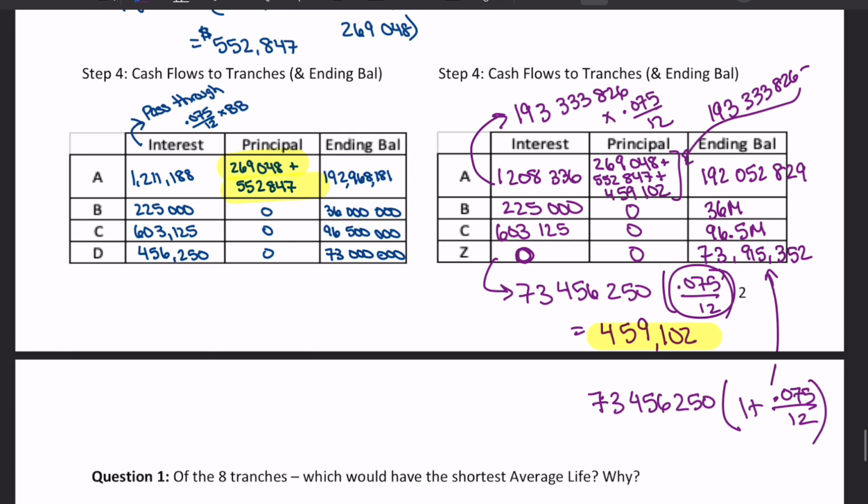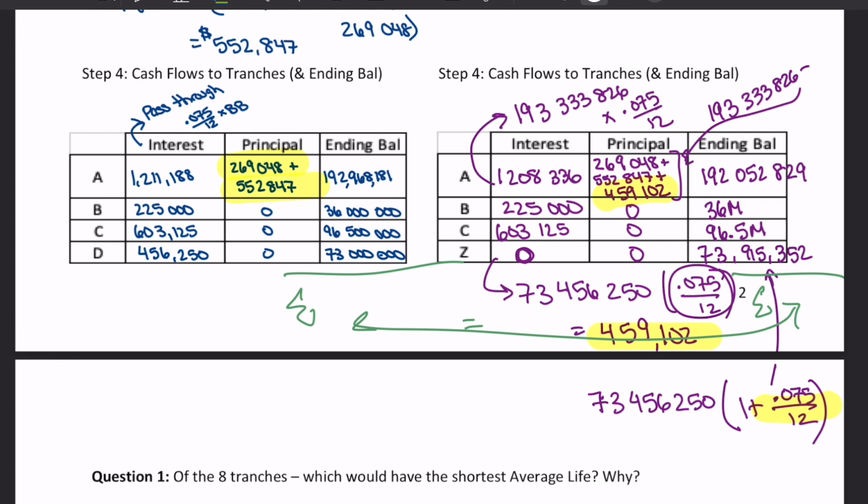Now, just like it happened previously, the sum of this column on the left-hand side is going to be exactly equal to the sum of the column on the right-hand side. The reason is we're just switching where that interest is allocated.